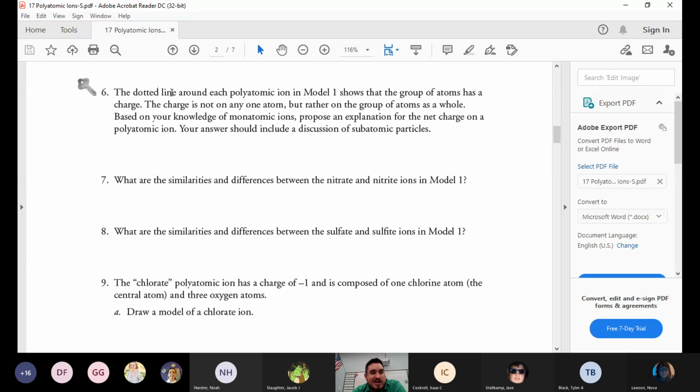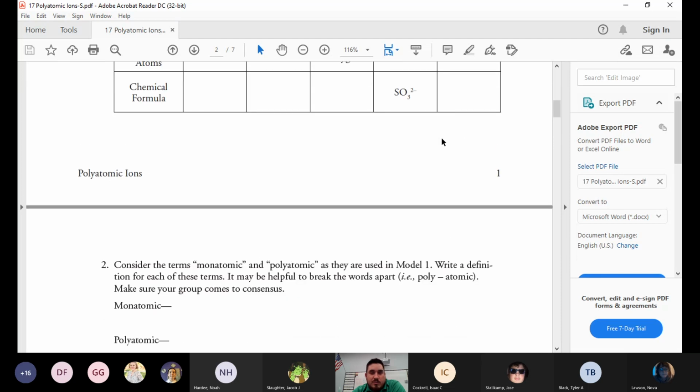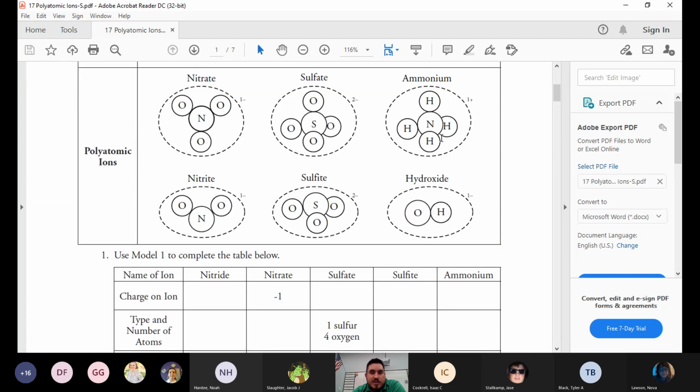Number 6, the dotted line around each polyatomic ion in model 1 shows a group of atoms as a whole charge. The charge is not any one atom, but rather the group as a whole. Based on your knowledge of monatomic ions, propose an explanation. I kind of already did this when I was drawing the ammonium. When you try to draw these, you will realize that you can't connect all the dots, or stuff is going wrong. You have too many, not enough.